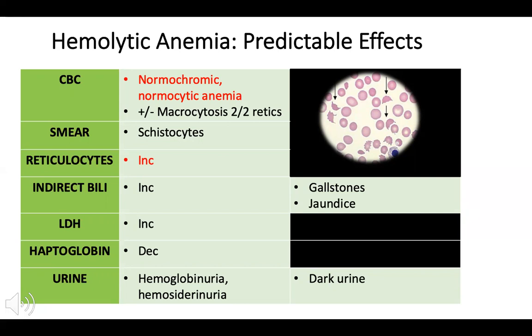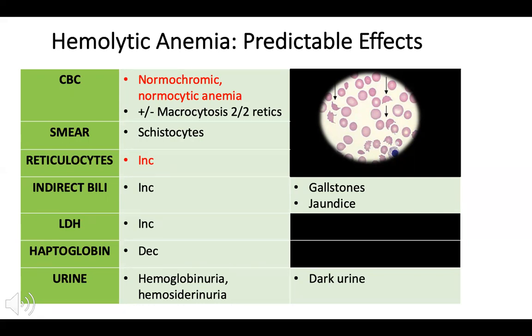The smear can have schistocytes, which we see here in the right side column, those helmet cells which have arrows pointing to them. Reticulocytes, which can be a direct test, will be increased. Indirect bilirubin, typically increased. If that sounds unfamiliar, make sure you go back to hematology introduction and review erythrocyte recycling.